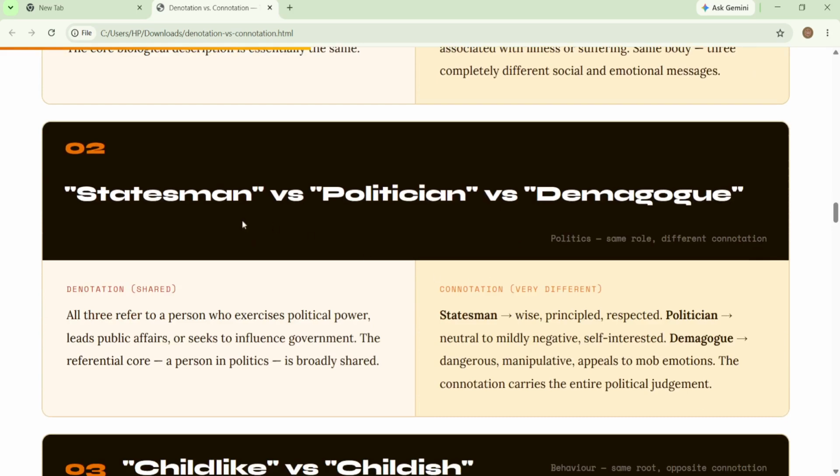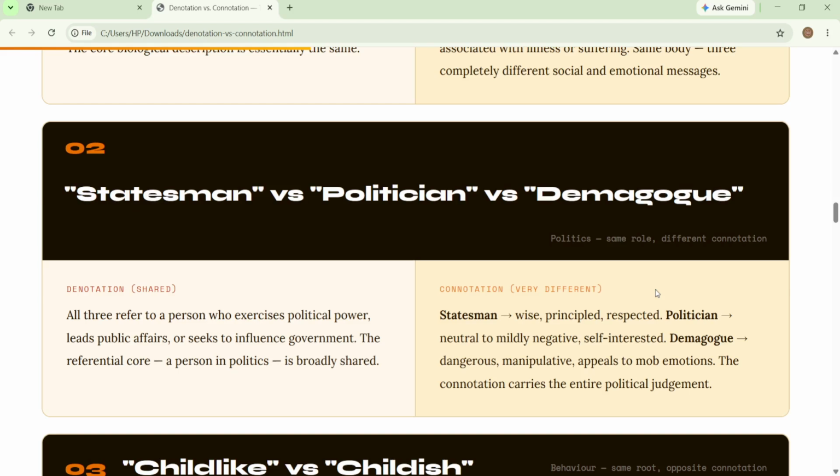Next one is statesman, politician, demagogue. Let's look at the shared denotation. All three refer to a person who exercises political power, leads public affairs, or seeks to influence government. The referential core, a person in politics, is broadly shared.